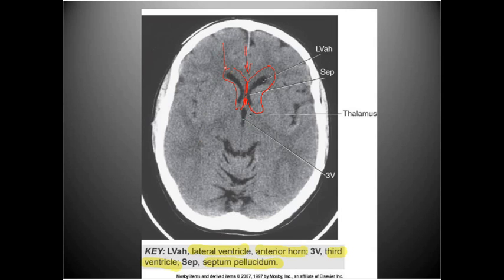Then you have the frontal horn of the lateral ventricle. I know the book labels it as the anterior horn, but the frontal horn will be just as sufficient. Then we have this slit-like appearance here, which is the third ventricle.